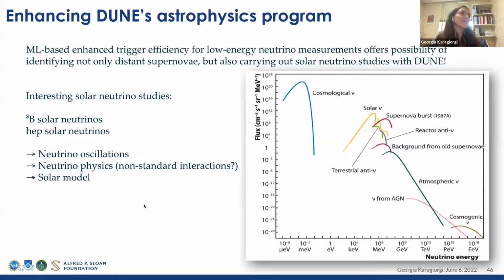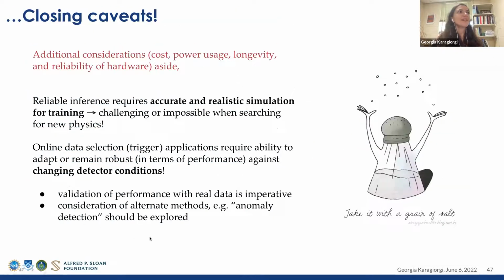And that also allows us to study neutrino oscillations associated with flavor transition in the sun, or other non-standard neutrino physics that might affect neutrino propagation in the sun, and then also effectively study the solar model.